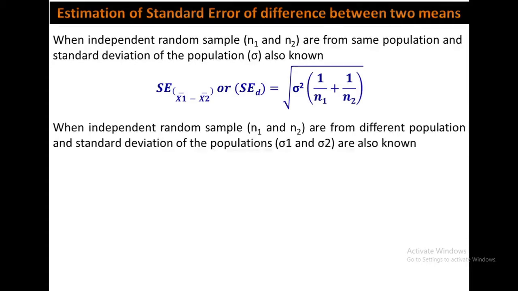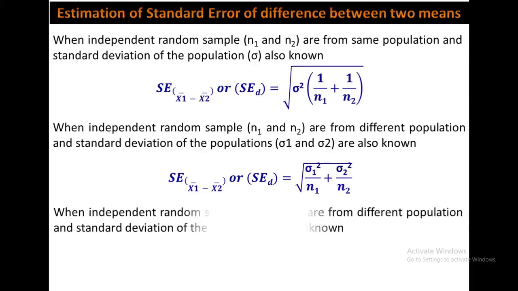When independent random samples n1 and n2 are from different populations and the population standard deviations sigma 1 and sigma 2 are known, the standard error of the difference between two means can be calculated using the following formula: standard error of difference of means equals square root of variance 1 divided by sample size 1 plus variance 2 divided by sample size 2.